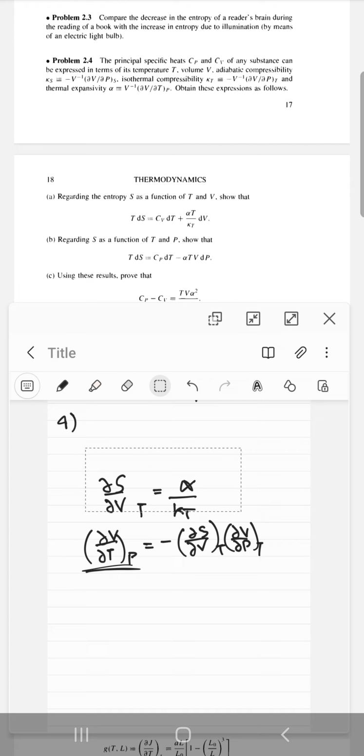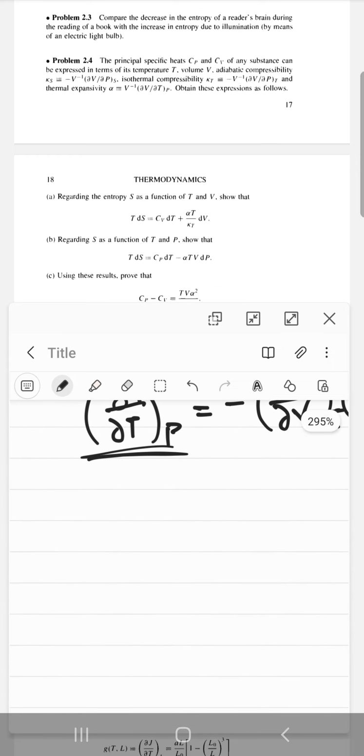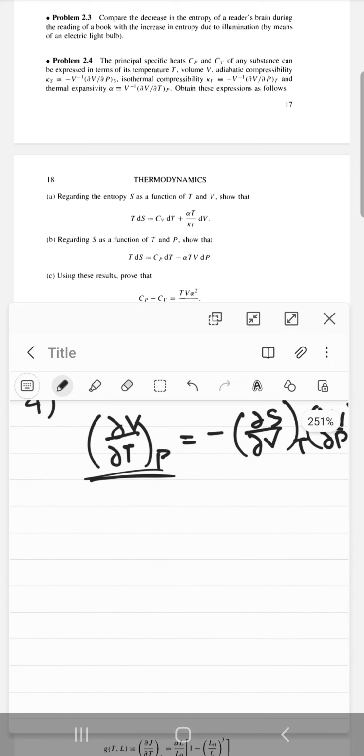We just have to prove this quantity now, and this is going to be easy because we just use Maxwell's relations. So first we'll have to get the Maxwell relation. The way this happens is you use the dE, and that dE is just given as TdS minus PdV.